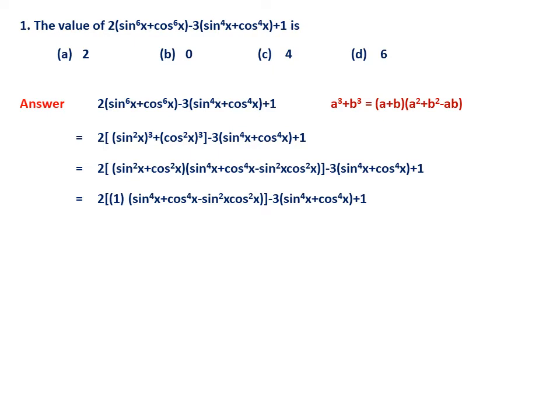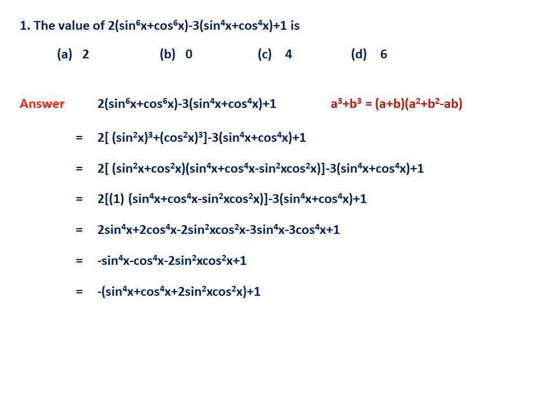Then once again you have to simplify further. So we get, remove the bracket now: 2 sin^4 x plus 2 cos^4 x minus 2 sin square x cos square x, and you have to remove the bracket in the second term also, minus 3 sin^4 x minus 3 cos^4 x. Now when you simplify, you get minus sin^4 x minus cos^4 x, then minus 2 sin square x cos square x, then plus 1.